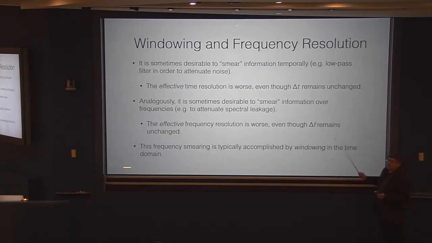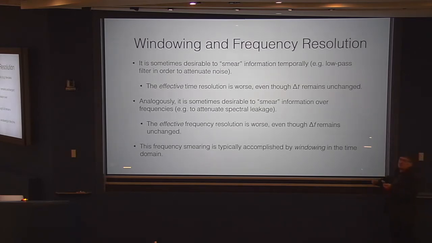Even though your delta F has not changed, the way we smear frequencies, which is, I hate to say this because it's going to confuse half the people and it's going to illuminate the other half, but it's like a Fourier version of the low pass. It's like you're taking neighboring frequency bins and averaging them together, and that will accomplish something in the time domain.